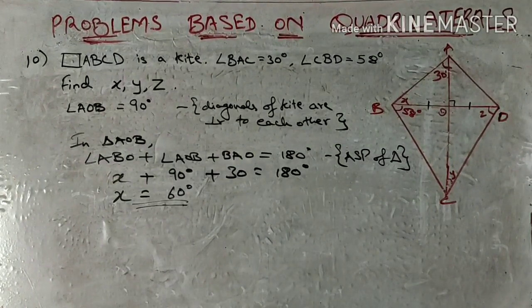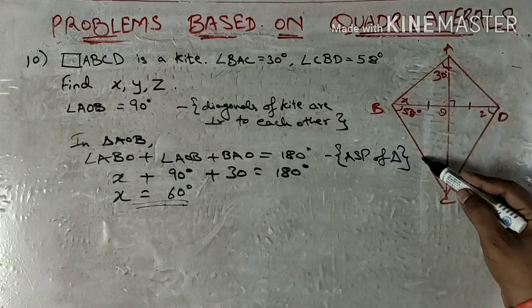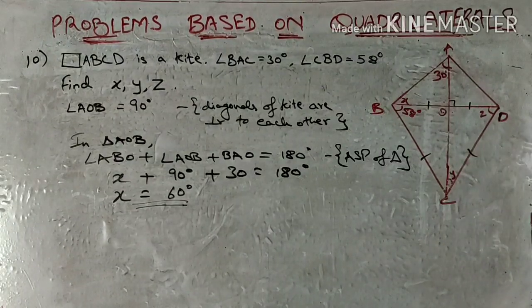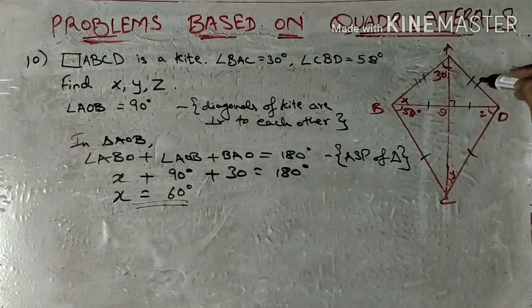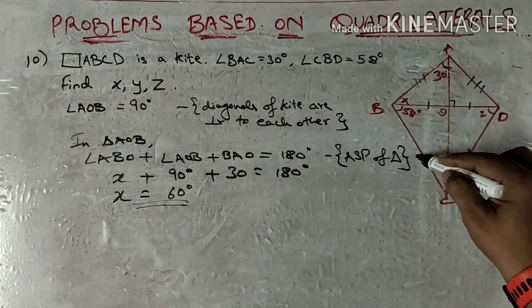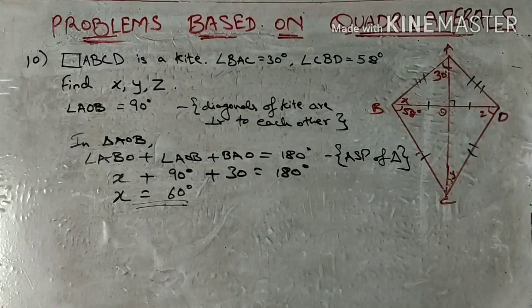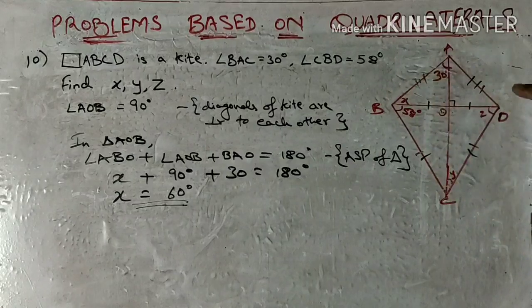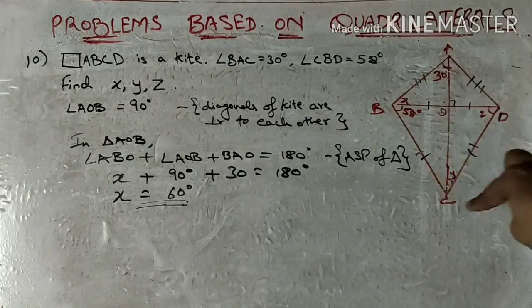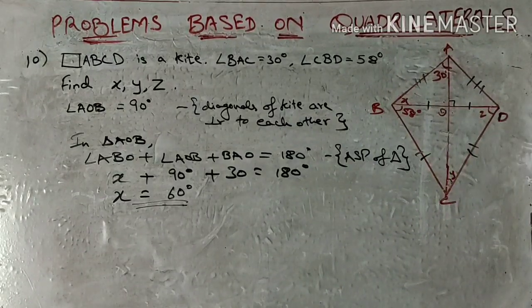Next, my next target is the fact that the adjacent sides of a kite are equal. A pair of adjacent sides: AB is equal to AD, BC is equal to CD.